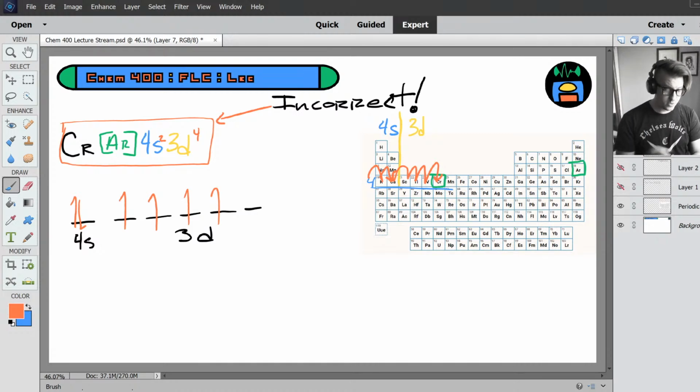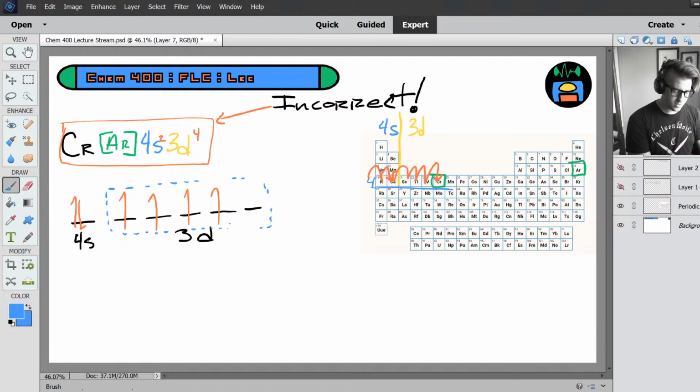All right, now, turns out something very special happens when you have 4 parallel spins lined up in the D block.